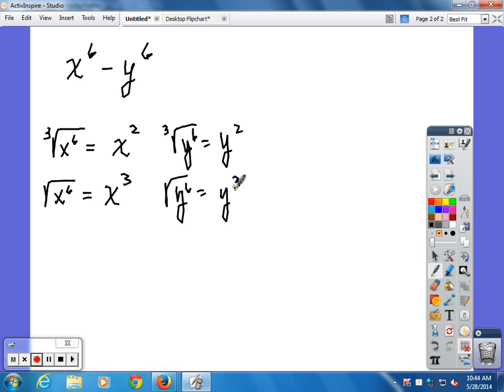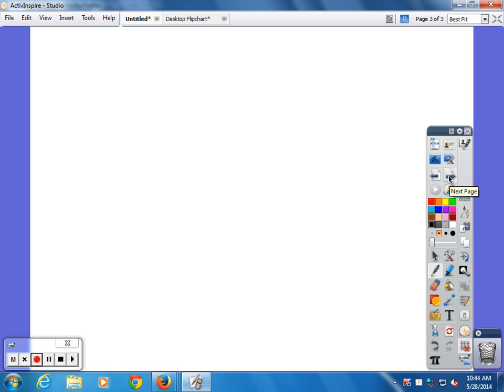If you use shortcut number 5, you're going to take the cube roots. So, let's go and do this problem. x to the 6th minus y to the 6th. And I'm going to use shortcut number 3. So I'm going to take the square root here and the square root there.